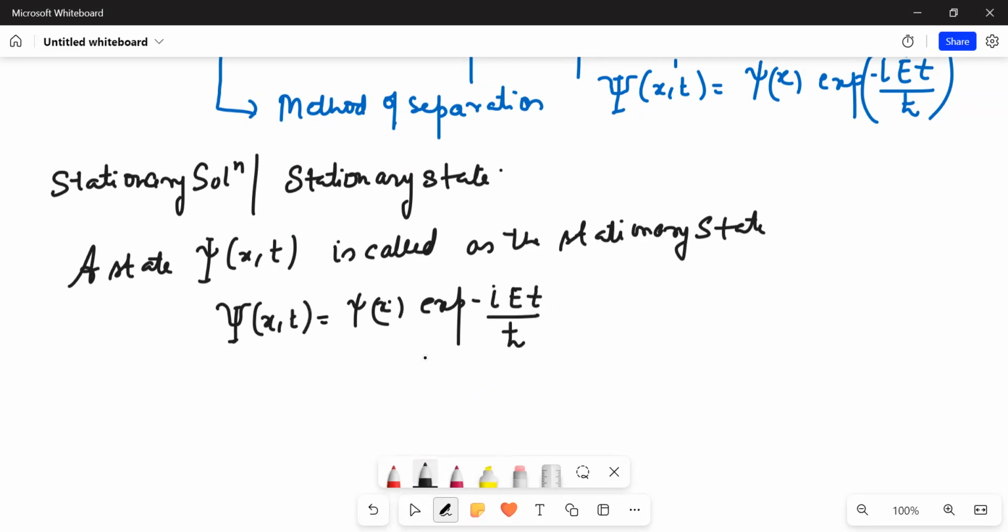Now this state is called the stationary state. All the physical observables of the state turn out to be time independent. When we take, let's say, the norm of this wave function, it will not depend upon the time, and hence the term stationary state.